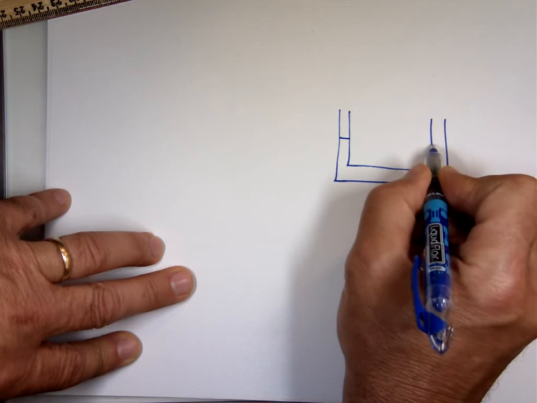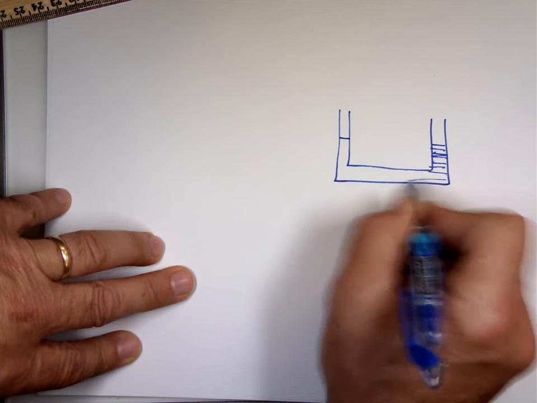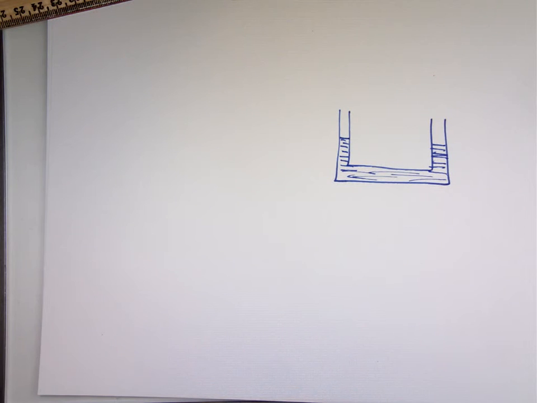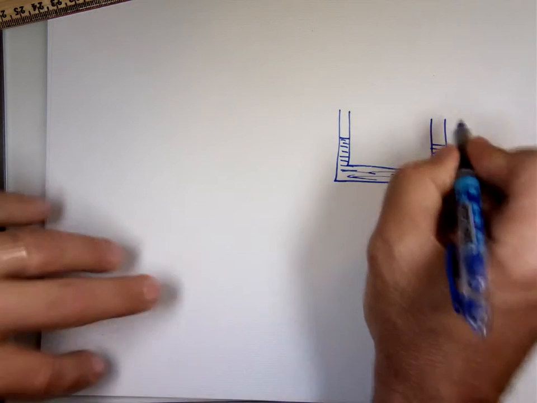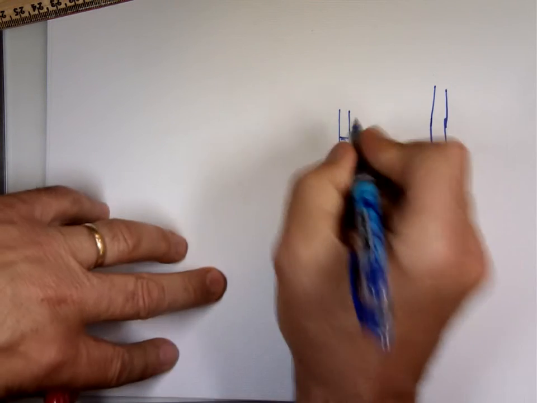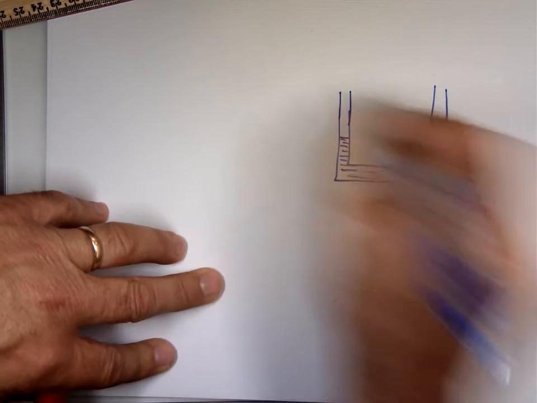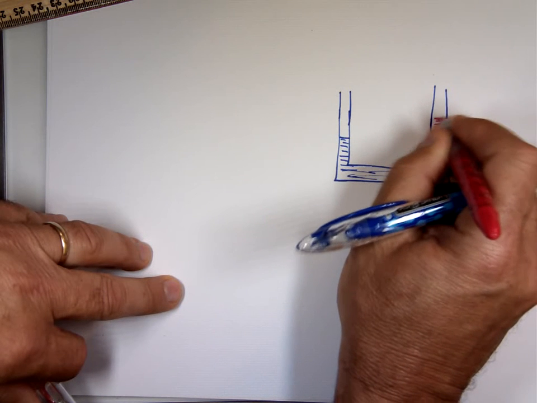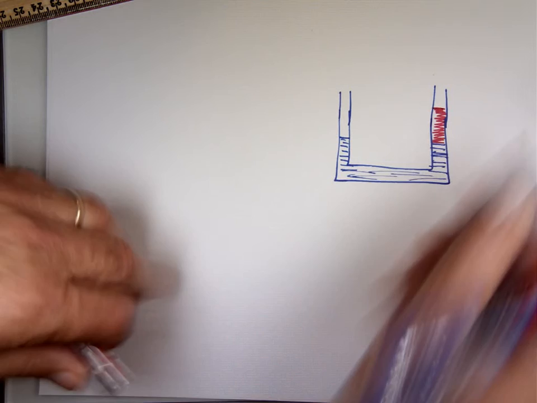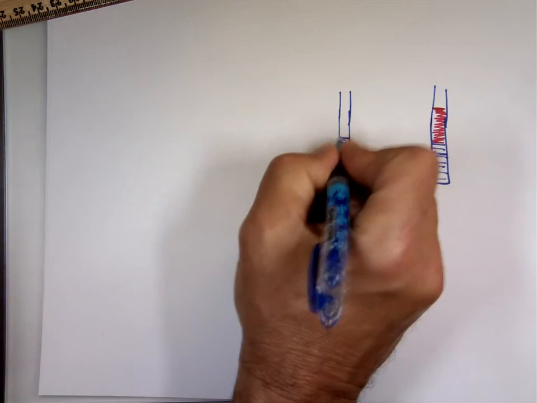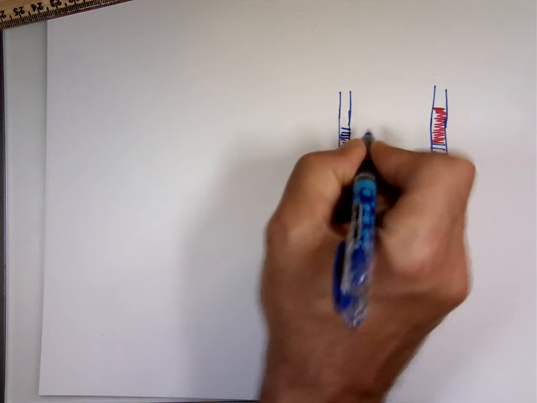Let's say that's water. But now you decide to put some oil in it. Oil has less density. So we added some oil on one end after you put the water, and it went to this level. What's going to happen is this water will push down, and this end will rise. It will not be the same height.